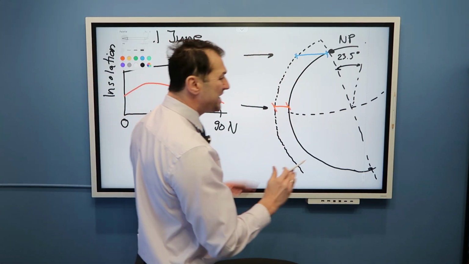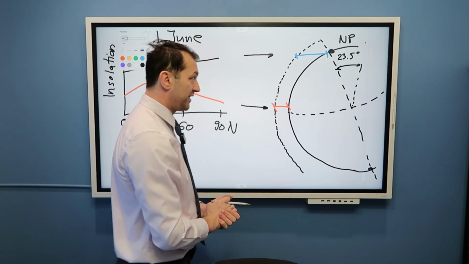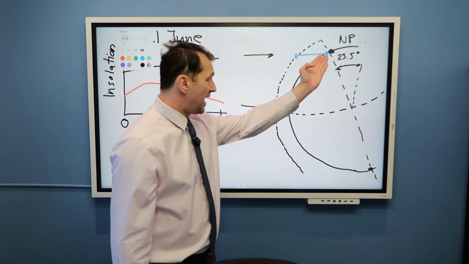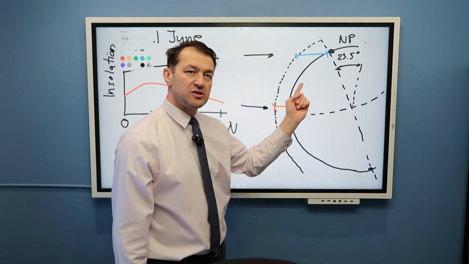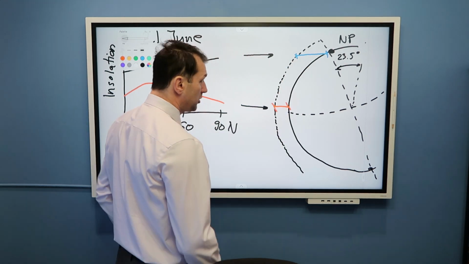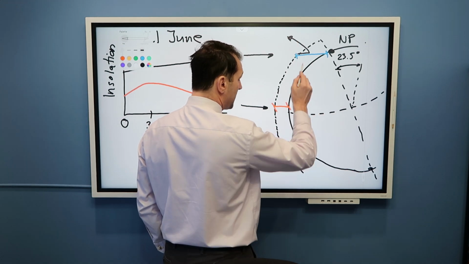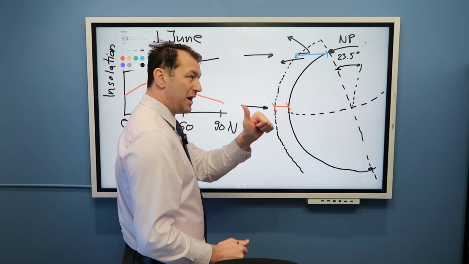It is very clear that the blue line is longer than the red line. In other words, sun rays in high latitudes need to traverse a longer distance through the atmosphere than in lower latitudes. And because of this long distance, there is a much higher chance of these sun rays being backscattered into space, number one.